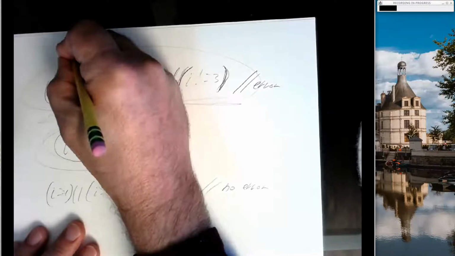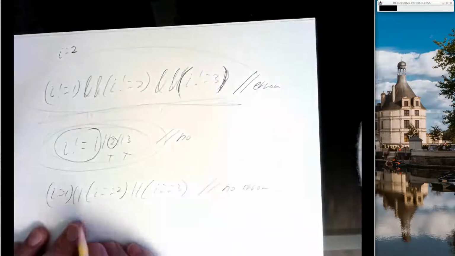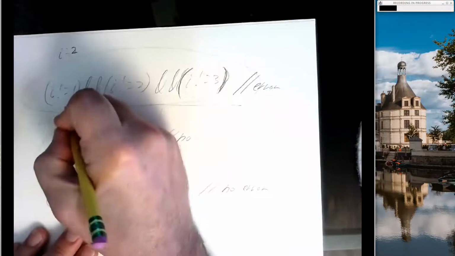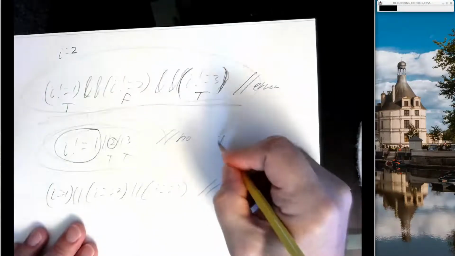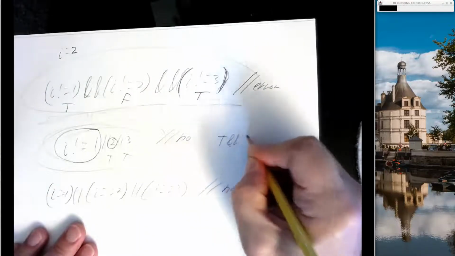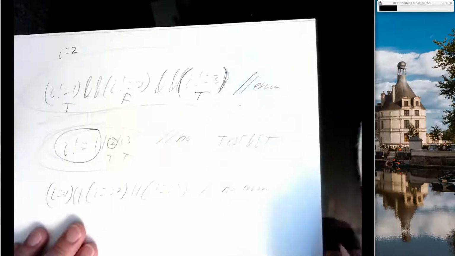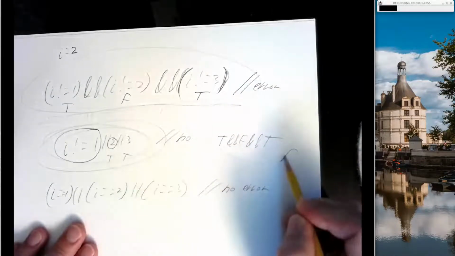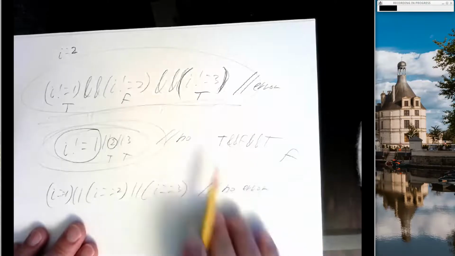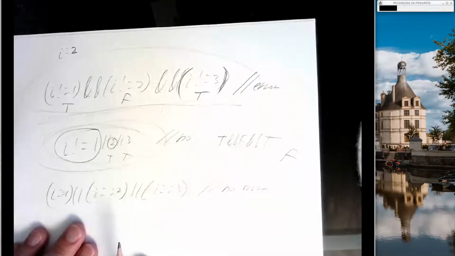So suppose i is equal to 2. Okay, so i is not equal to 1, that's true. i is not equal to 2, that's false. i is not equal to 3, that's true. So this is true and false and true, and this turns out to be false, right? Because true and false and true, those aren't all true.